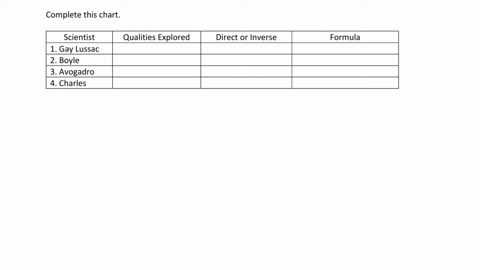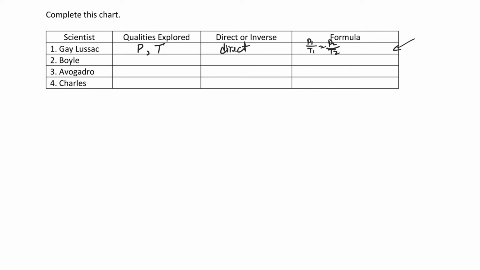So Gay-Lussac, hassock, pick up your trash. He explored the relationship between pressure and temperature and found that it was direct. In other words, as the pressure goes up, the temperature goes up. Formula would be P1 over T1 equals P2 over T2. That's his formula.